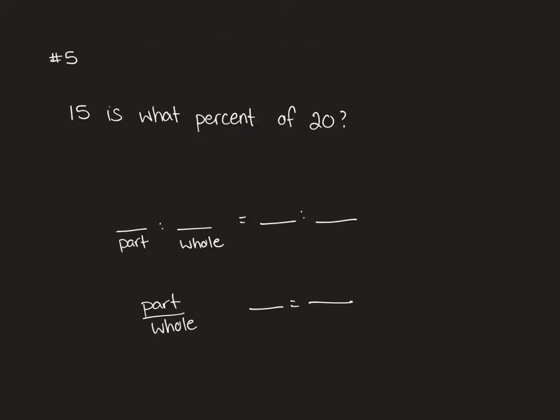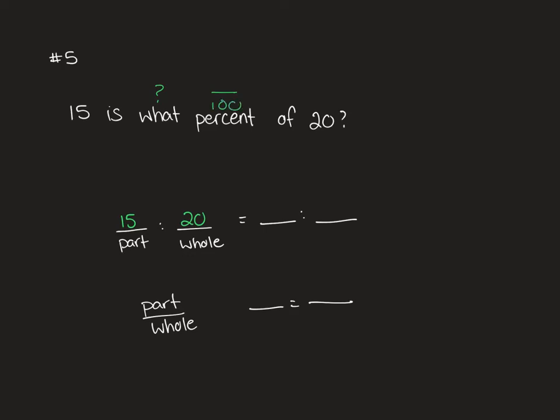Okay, for question number 5, we're going to be looking at this with the word percent in it instead. So 15 is what percent of 20? Can we figure out our part and our whole from that? So it would be 15 to 20. We have those two bookends. Now when we're figuring out the what percent, the what is a question mark, and the percent tells us the second number is going to be out of 100.